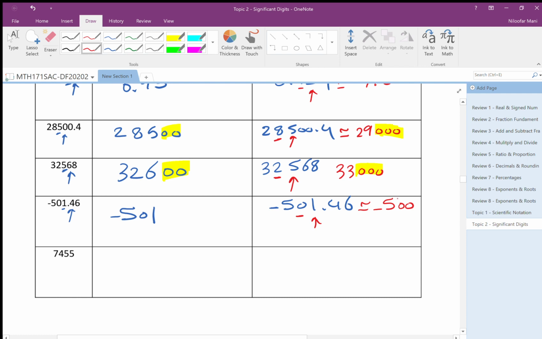So I have to either do this, or I can do minus 5.0 times 10 to the power 2, which is minus 500. And in this case I see two significant digits here. This is what I can do. That's a very good question.